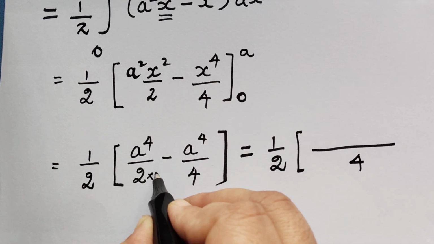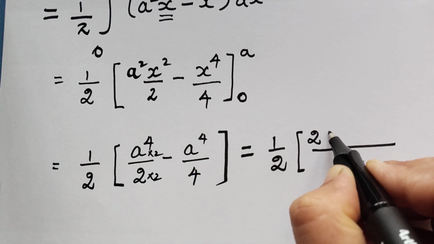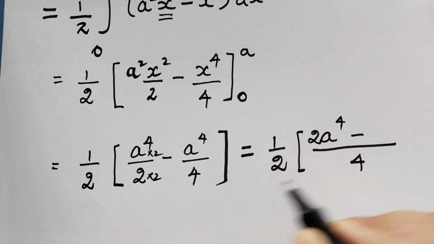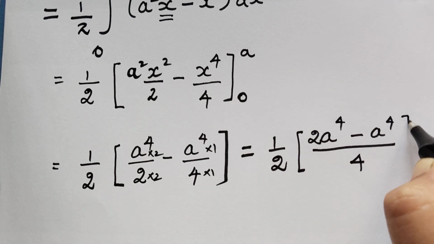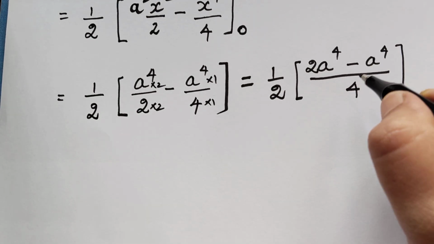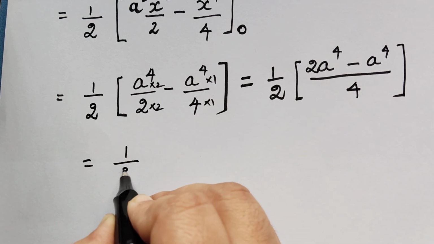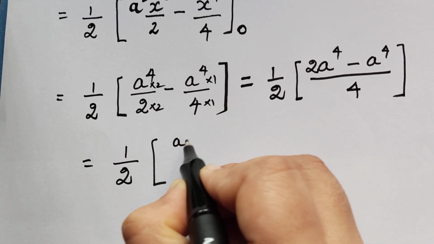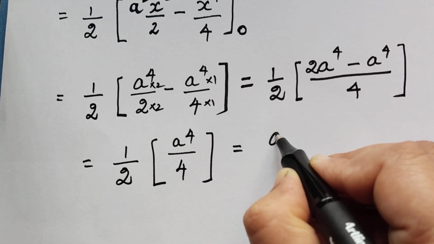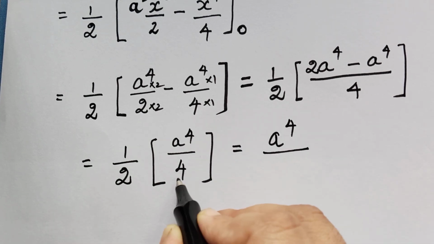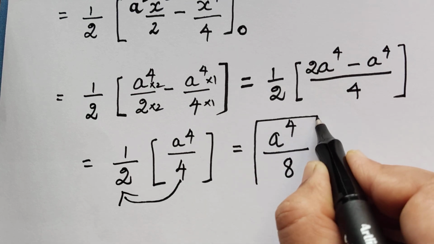So we multiply by 2, and when we multiply the 2 with a power 4, we get 2a to the power 4, minus 4 into 1, so a to the power 4. What is 2a power 4 minus a power 4? It is a to the power 4. So 1 by 2 multiplied with a to the power 4 divided by 4. On simplifying further, we get a to the power 4 divided by 8, since 4 times 2 is 8. So this is the solution.